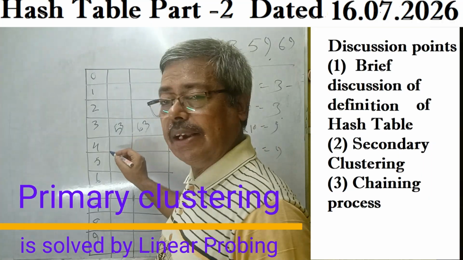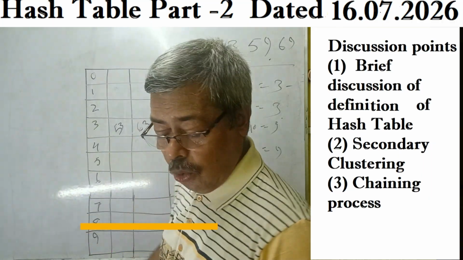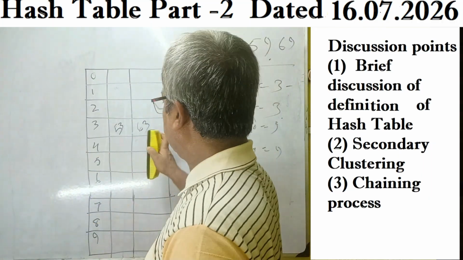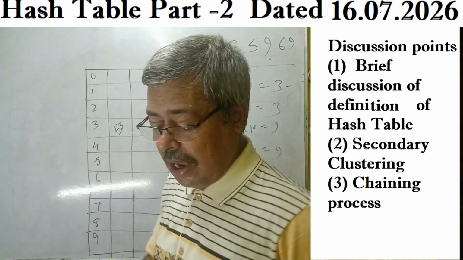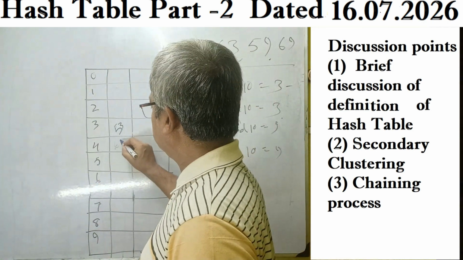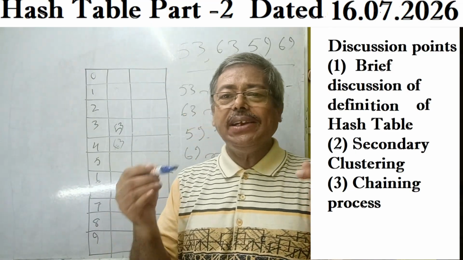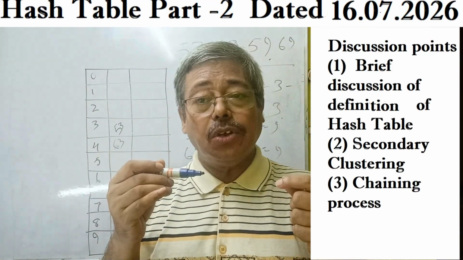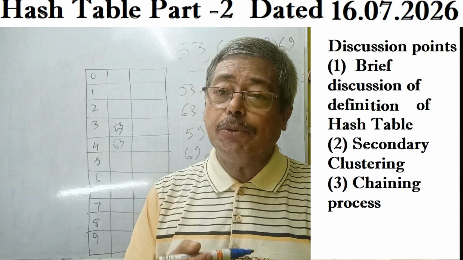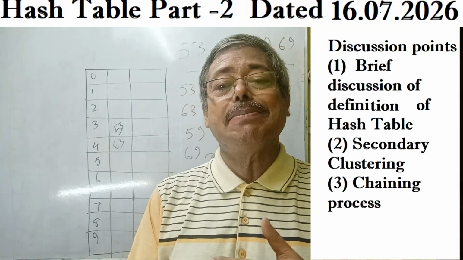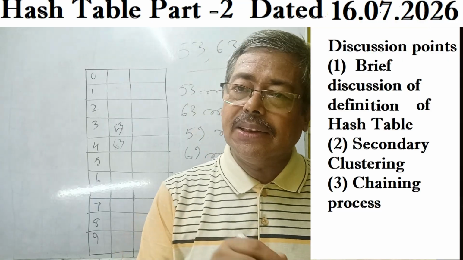Next is 4. So 63 will be shifted to slot number 4. What is the rule? When a specific slot, 3, is not available, then we have to see the next slot. If it is vacant, then data will be submitted at that point.